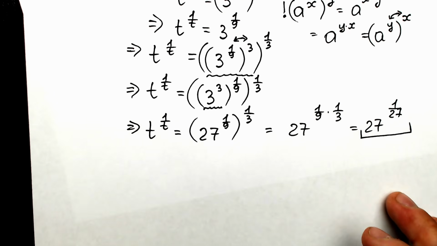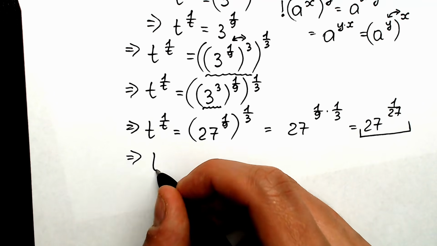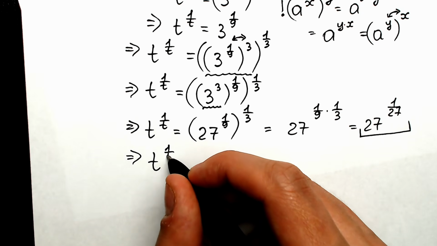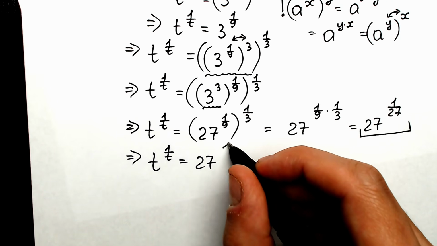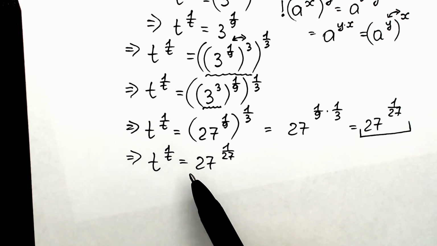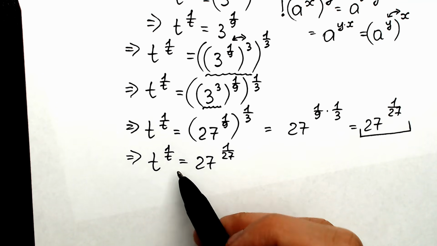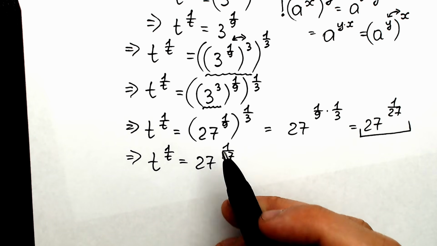And right now let's write our left side and right side together. So we have t to the power 1 over t equal to 27 to the power 1 over 27. And let's look closely. We have absolutely the same structure on both sides. We have t to the power 1 over t, 27 to the power 1 over 27.